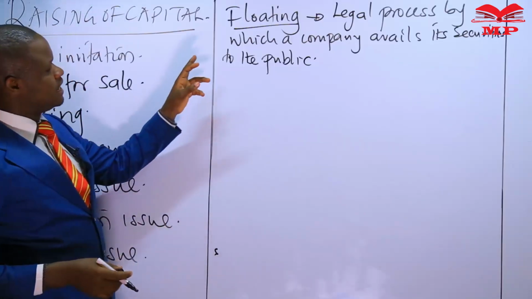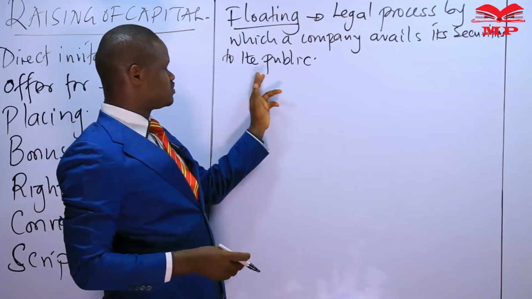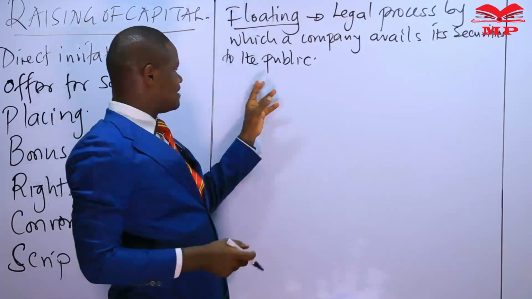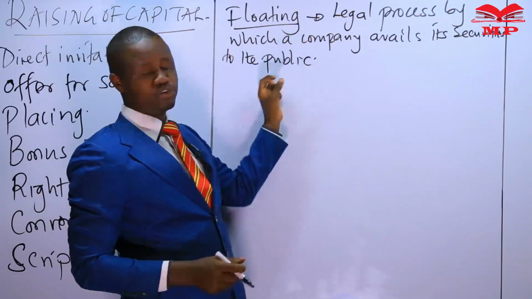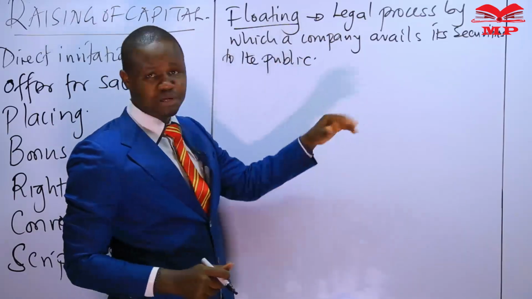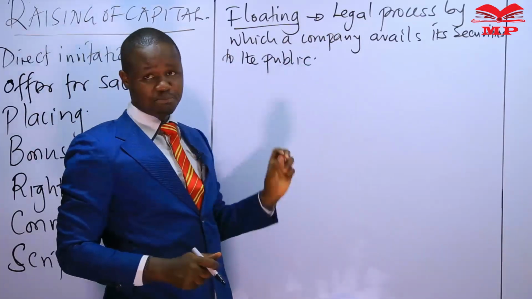You notice, the moment we talk about availing securities to the public, we are particularly referring to only public companies. Private companies may not have this option available to them. They will not be approaching the public to subscribe to their securities.